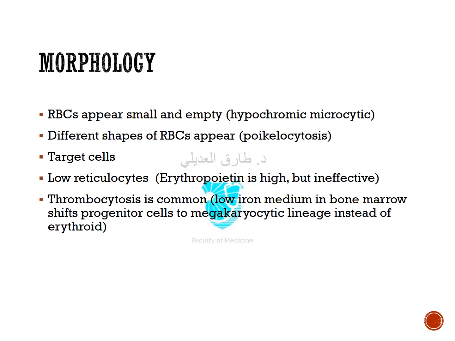So when the medium in the bone marrow is low in iron, we have more dominance of megakaryocytes. This begins in our stem cells, so it is not related to erythropoietin. So remember, thrombocytosis is a feature of iron deficiency.